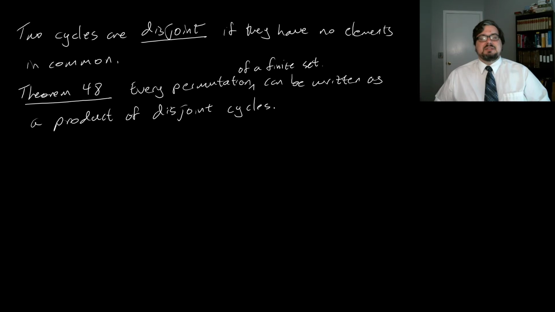The proof is basically using the construction that we did at the beginning when we were turning the alpha, beta, and gamma permutations into cycles. And all of those cycle descriptions were a product of disjoint cycles.